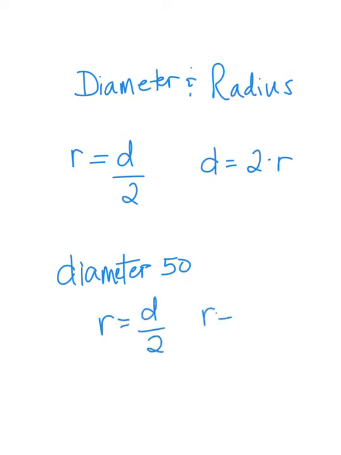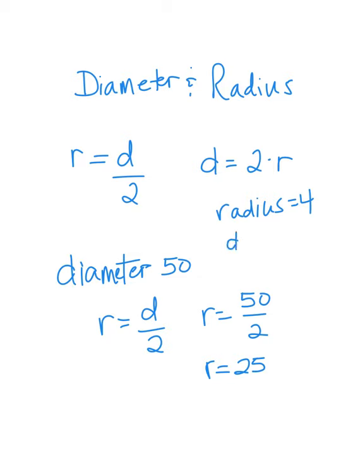In this case, 50 divided by 2, so the radius would be 25, half of it. Now let's say they told you that the radius is 4 and they want to know the diameter. So diameter equals 2 times the radius, 2 times 4. So the diameter in that case would be 8.